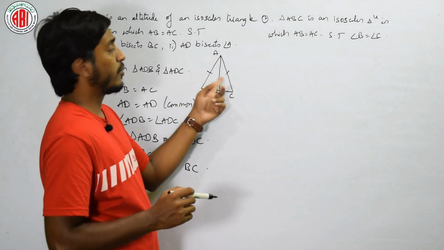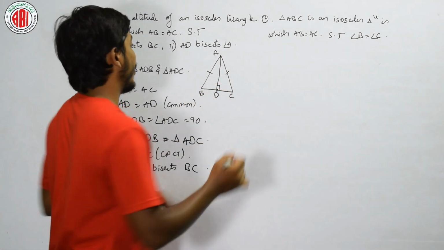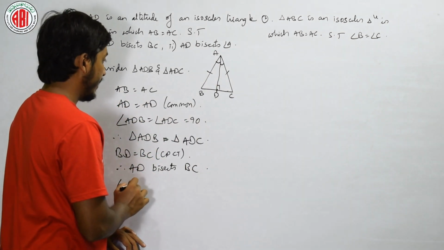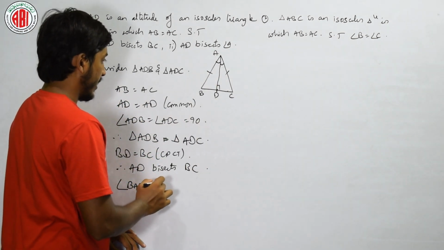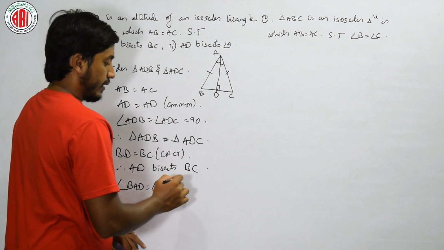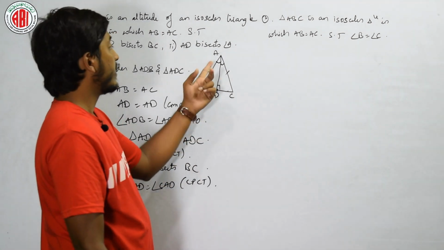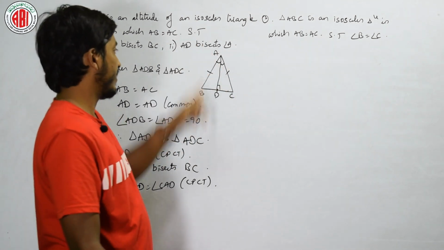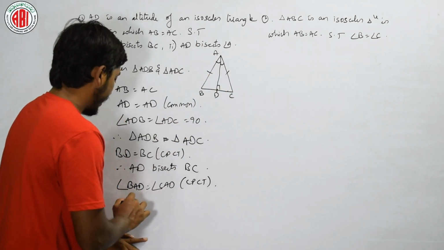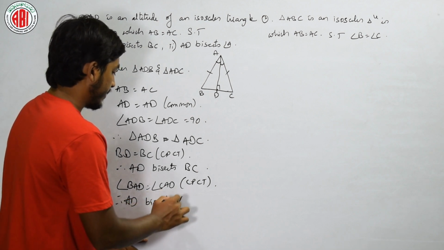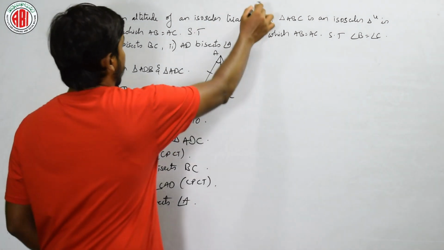If you observe, these both are congruent to each other. Obviously, these both angles are equal, that is angle BAD is equal to angle CAD by CPCT. Since both angles are equal, obviously AD is bisecting angle A. Therefore AD bisects angle A.